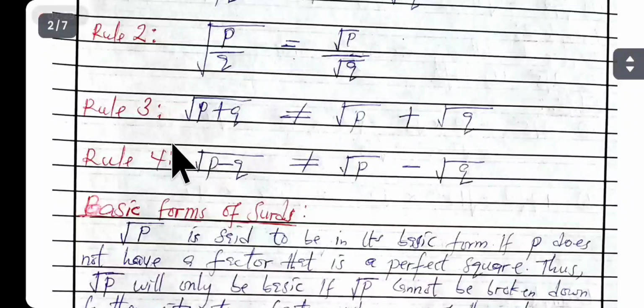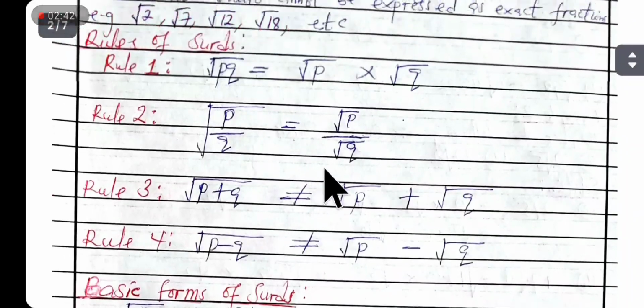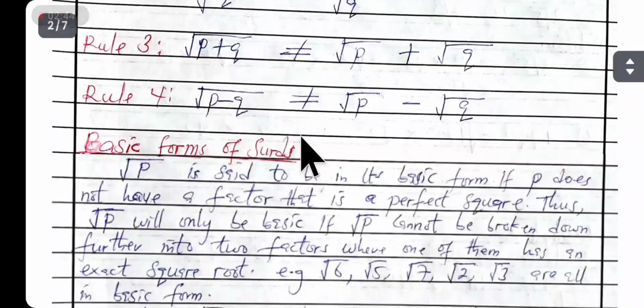Then the last one, rule 4: single root of p minus q is not equal to root of p minus root of q. It cannot be split like that. So take note of these cases.